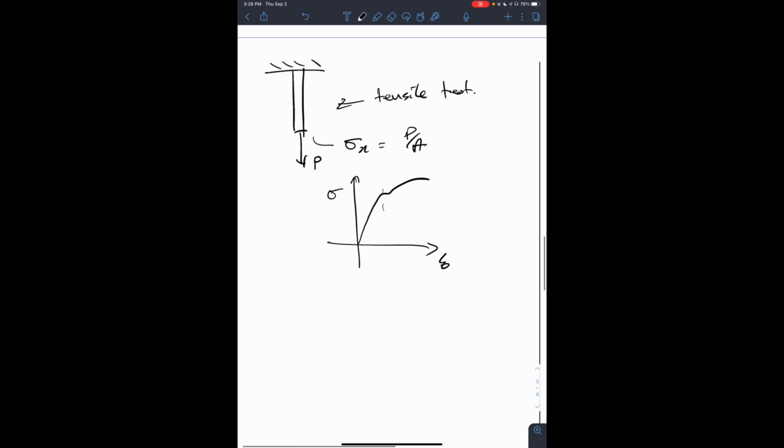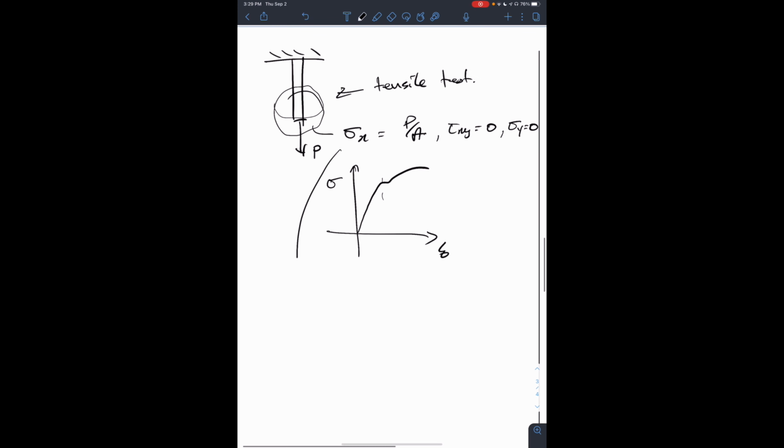Now, in this situation, the combined state of stress is what? Sigma x is P on A, tau xy is 0 because there's no shear stress, we're just pulling this axially, and sigma y is 0.